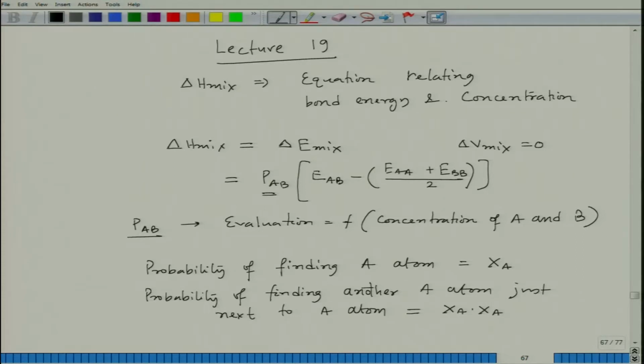So, that means this indicates AA bond type, or the other way, the probability of formation of AA bond.